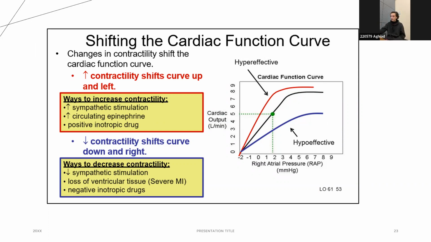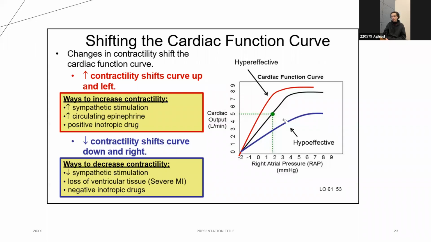As you can see here, if the heart is contracting less, that means its output would be less. And if the heart is contracting more, for the same atrial pressure, now the atrial pressure isn't an antagonist, quote unquote, in this situation. Now you know why in a bit.